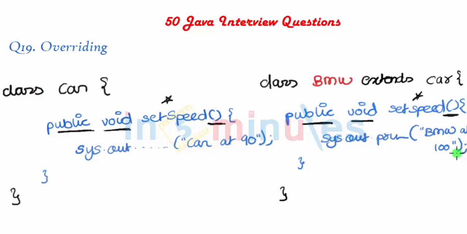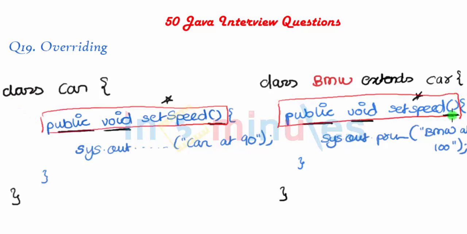So in this case, both the functions have everything the same, that is the entire prototype is the same, but the internal implementation is different. This is overriding. This is exactly what we mean by overriding. The same function name, same return type, same access specifiers, same number of arguments, but the implementation is different.